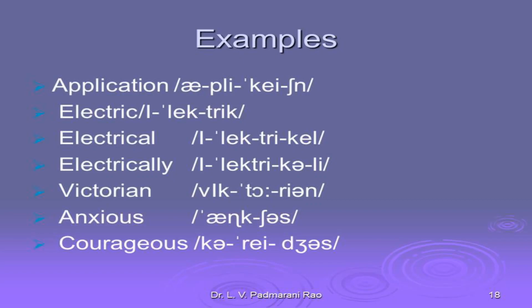Now when we come down to the next rule, ic, ical, ically, ial, ially and ian. When the words are ending with this, the same rule applies. The syllable before the suffix is given the accent. Accordingly, electric, trisyllabic word it is.